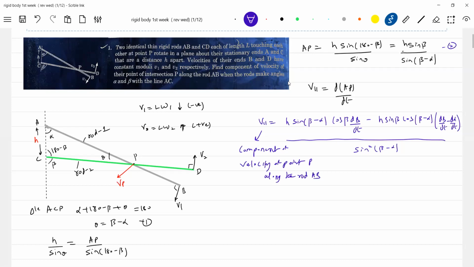dB by dt. Next, what is omega 1? We can write it as omega 1 will be. Okay, this we have to replace, no? So dB by dt will be, there'll be an opposite sense, no?